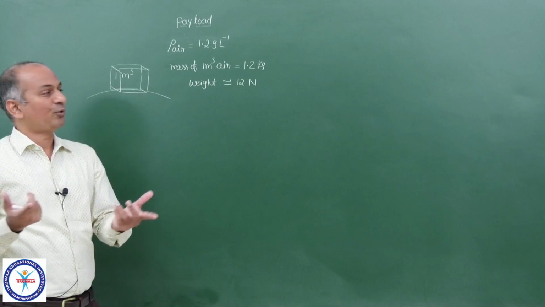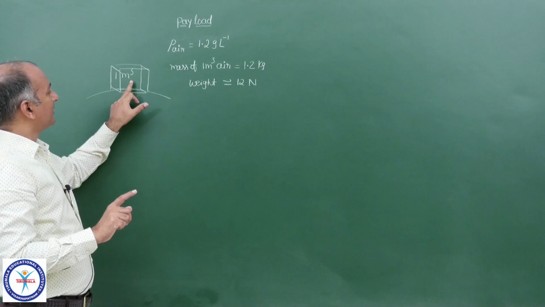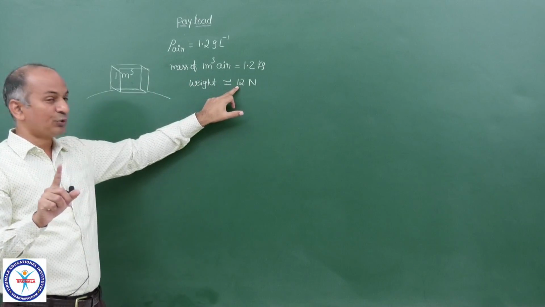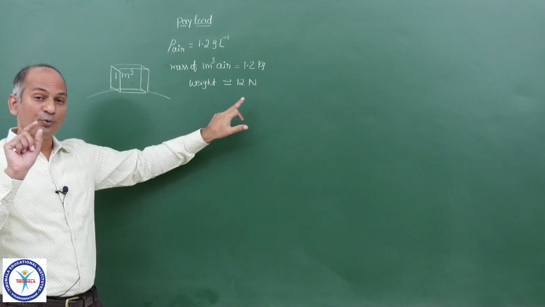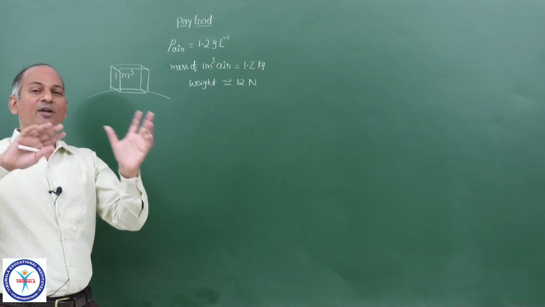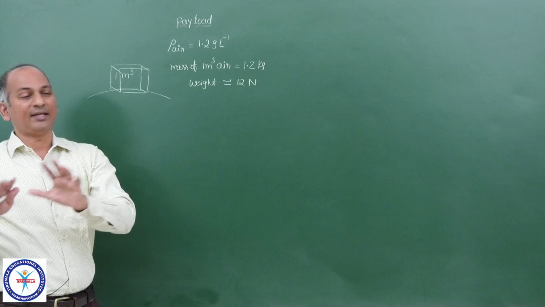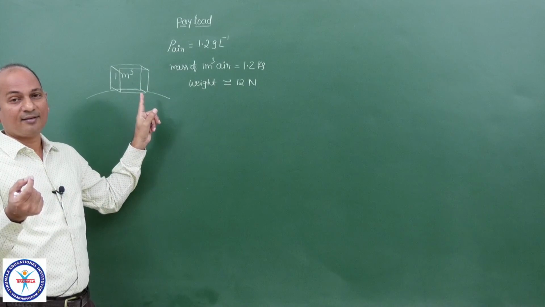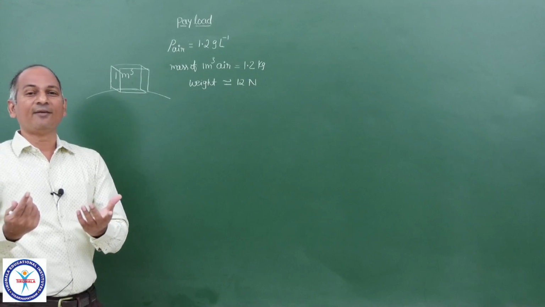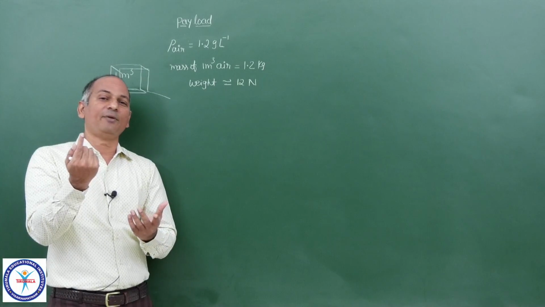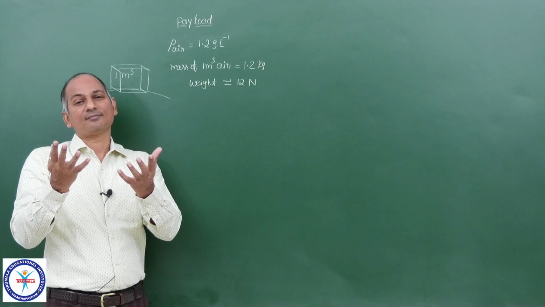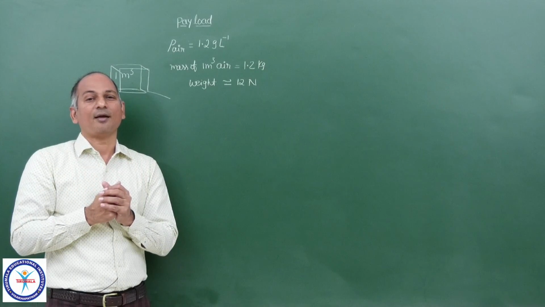So let me repeat this. 1 meter cube atmospheric air weighs 12 Newton. But if you place any other object, which is less dense, in the place of that 1 meter cube air, then the net force acting will be from the bottom, and the object will rise. The same thing happens in a balloon.